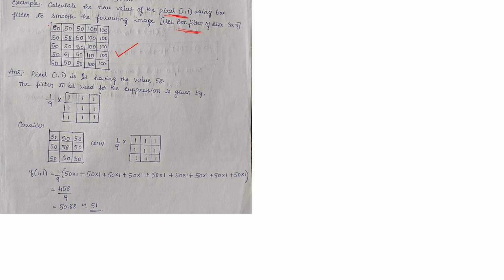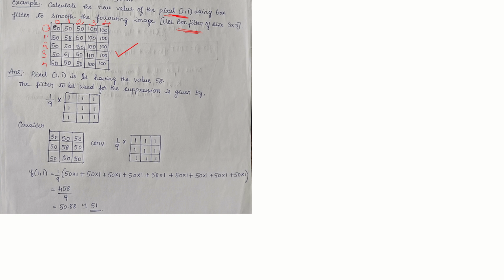Now where is my pixel 1 comma 1? Starting from this as the 0th row, first row, second row, third row, fourth row, and the 0th column, first column, second column, third column, and fourth column. Where is my 1 comma 1?